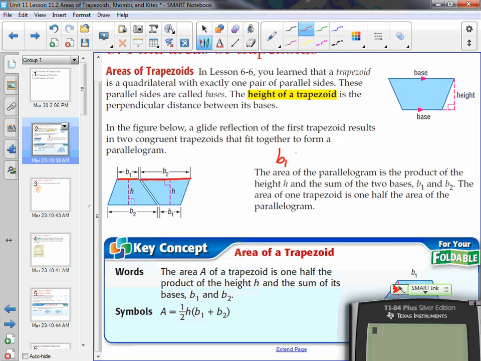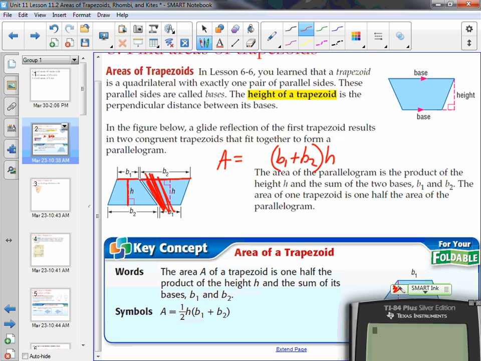So it's B1 plus B2. Now, since it's a parallelogram now, because we've mashed them together, the area is base times height. So there's the base. The height would be the original height of the first trapezoid, right? So times the height, and that's the area of the parallelogram.